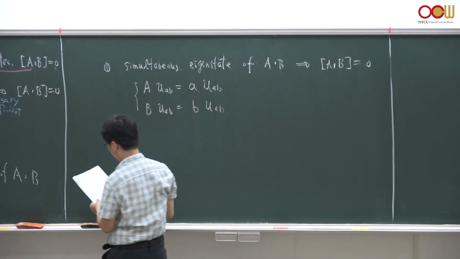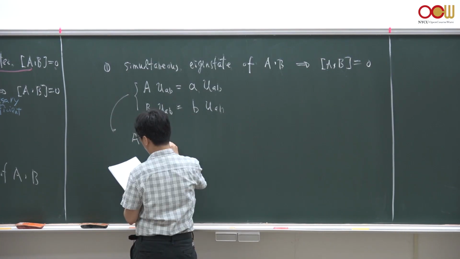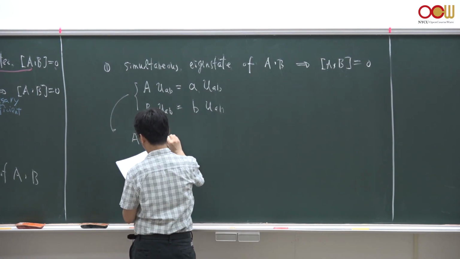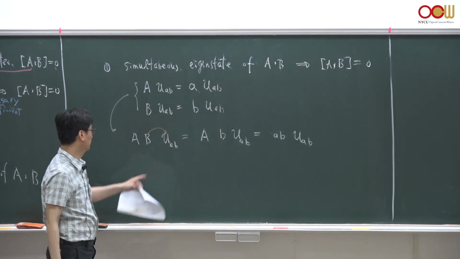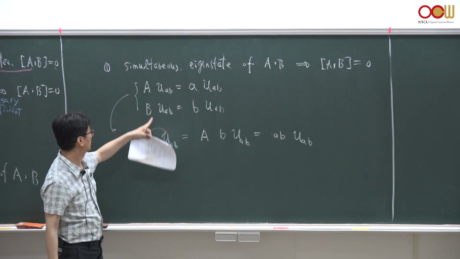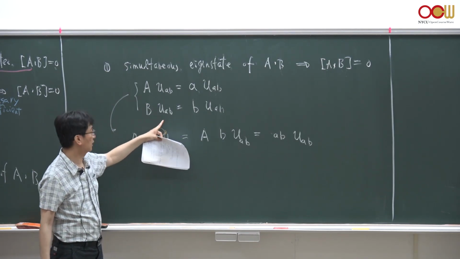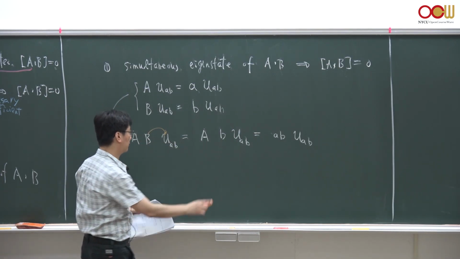You first do this AB, have two measurements on this UAB. You first use the B operator to act on this UAB state, because this is an eigenstate. UAB is an eigenstate of B with the eigenvalue b, so you write down the eigenvalue b.